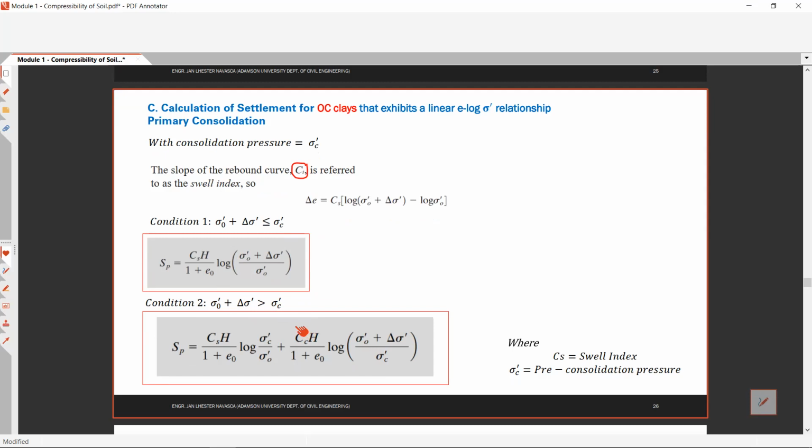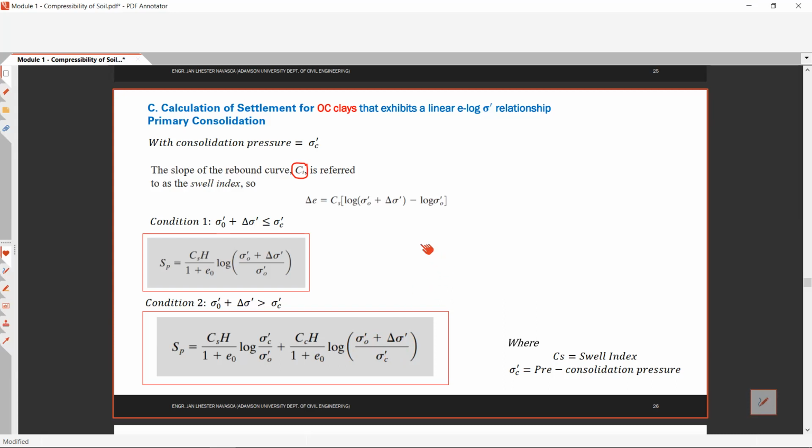So the formula is simply equal to C sub S times H over 1 plus e sub 0 or the initial void ratio, logarithm of pre-consolidation pressure over the present effective overburden pressure, plus C sub C or the compression index times H over 1 plus e sub 0 multiplied by the logarithm of effective overburden pressure plus the induced pressure at the ground surface over the pre-consolidation pressure. So basically, formula based lang tong primary consolidation.